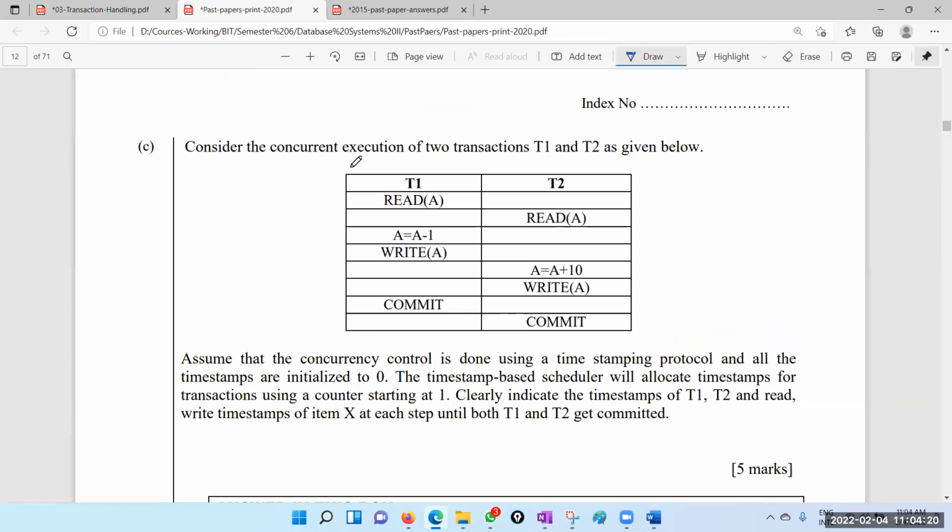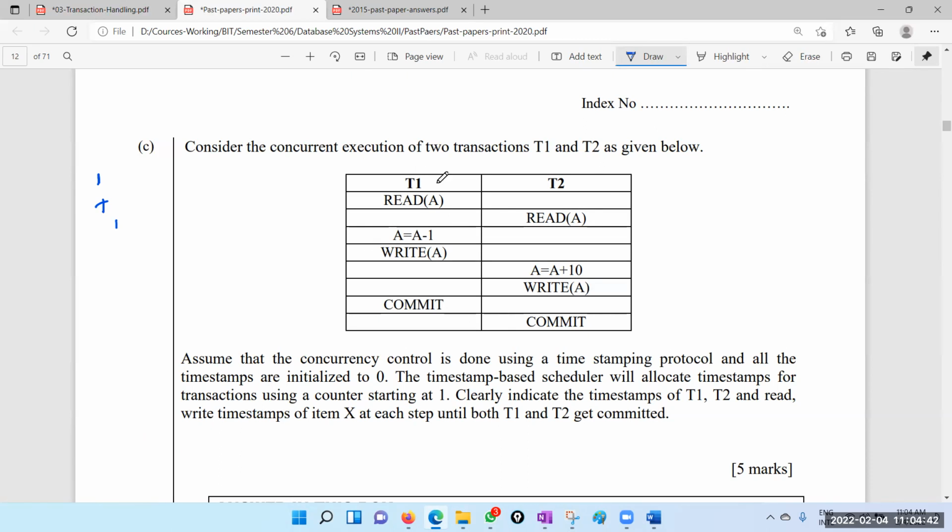Now transaction 1 starts. Let's say this is my transaction 1 start here, at time unit 1. Now, transaction 2.